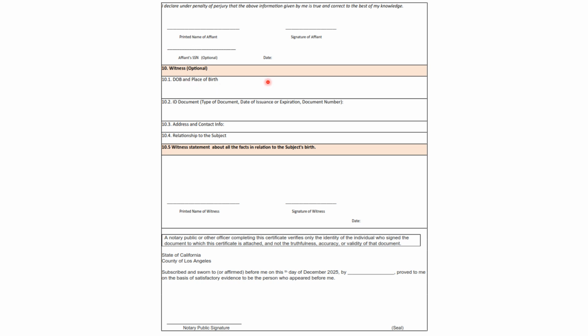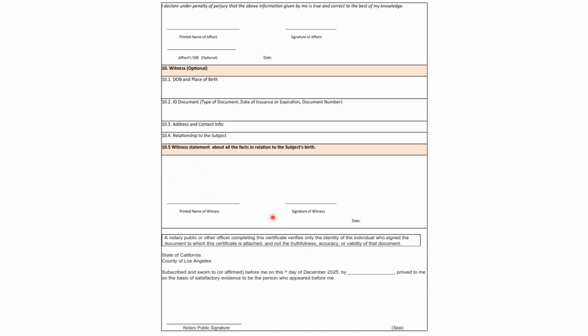And we put the affiant under oath, where they declare under penalty of perjury that the information given by them is true and correct to the best of their knowledge. We have also a witness statement about all the facts in relation to the subject's birth.